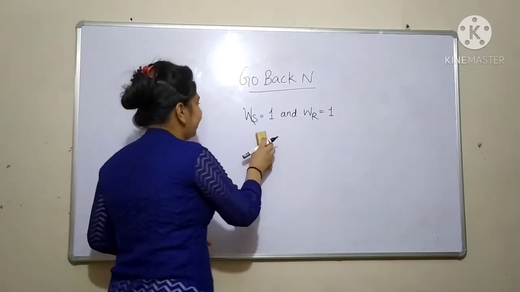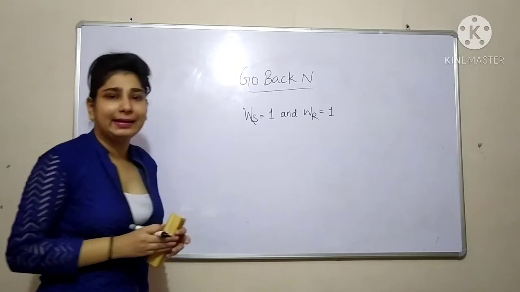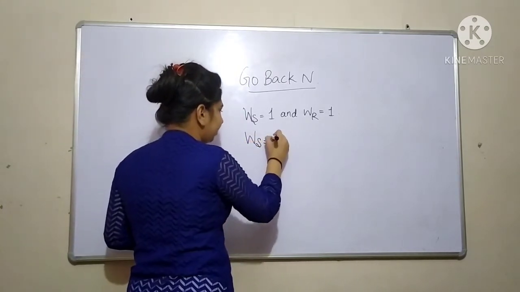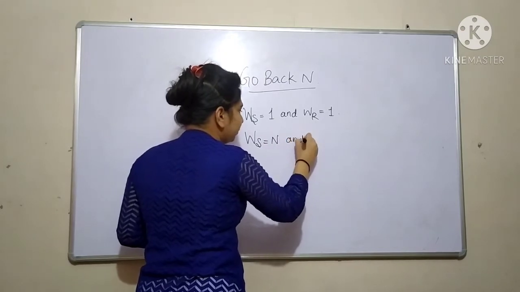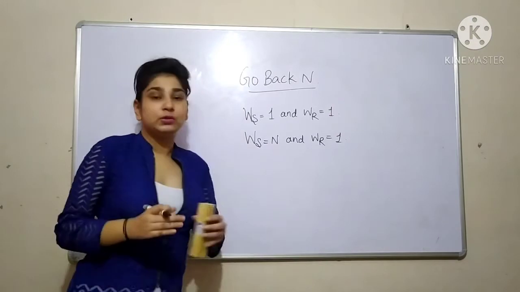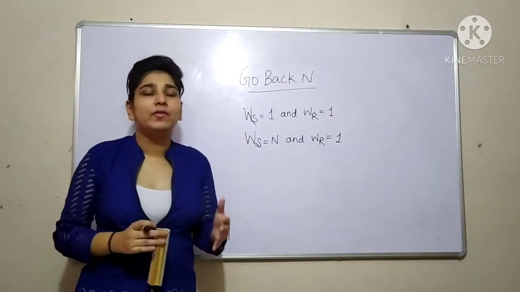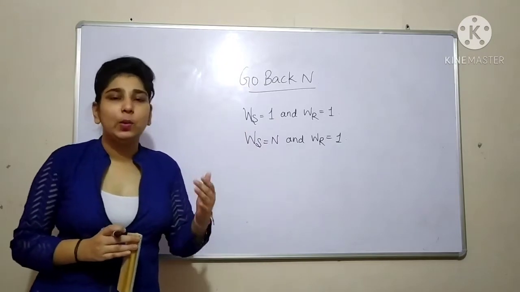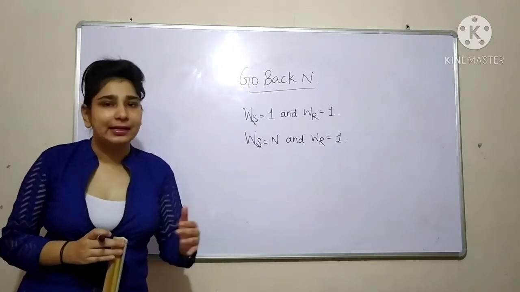So what we tried, in Go-Back-N the sender window size is N and the receiver window size is 1. So we try to improve our efficiency. In stop and wait, we were transmitting only one packet in one cycle.